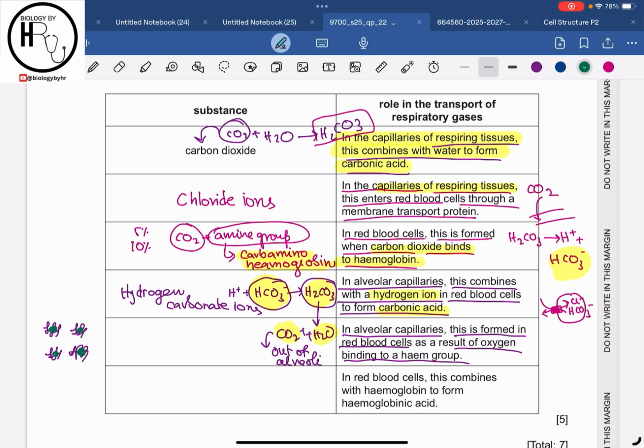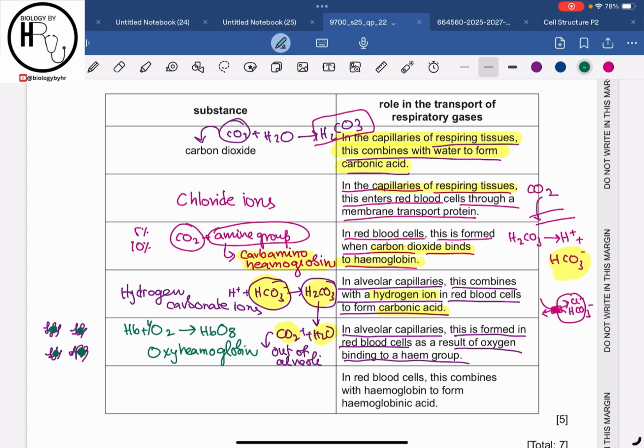These are the 4 heme groups which contain a central iron Fe plus 2. So the hemoglobin is going to combine with the oxygen to form the oxyhemoglobin, right? Oxyhemoglobin. So this is formed in the red blood cell as a result of oxygen binding to the heme group. So the answer would be oxyhemoglobin, right?